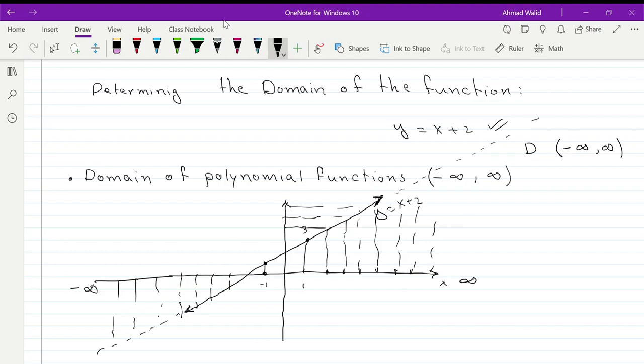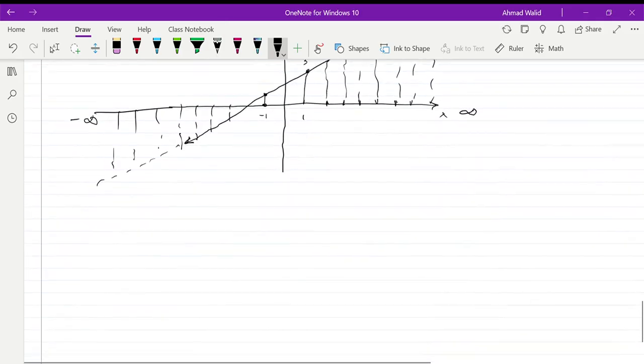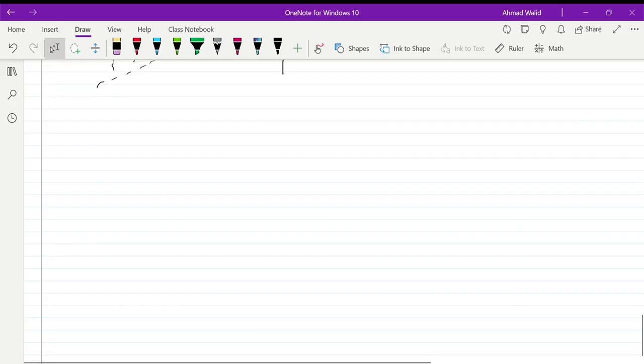You already saw the domain is from negative infinity to positive infinity. Correct? Polynomial functions, they are really easy to talk about their domain. You can see it immediately and you can understand what is the domain of polynomial functions, correct? Just read the values of x from where to where. That's your domain.